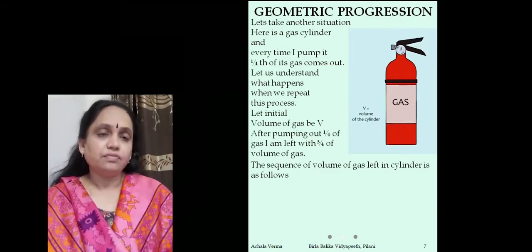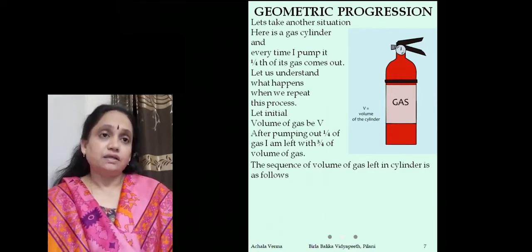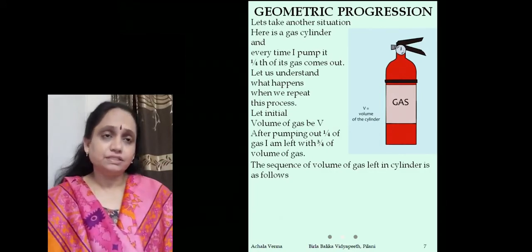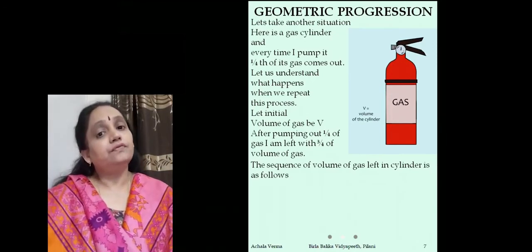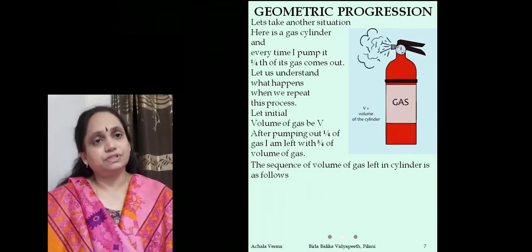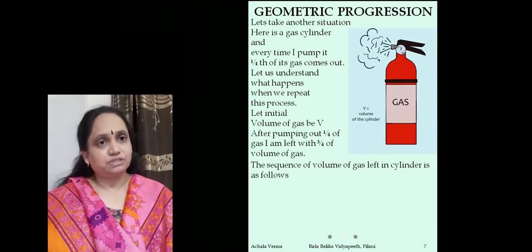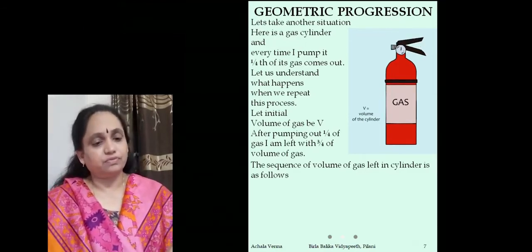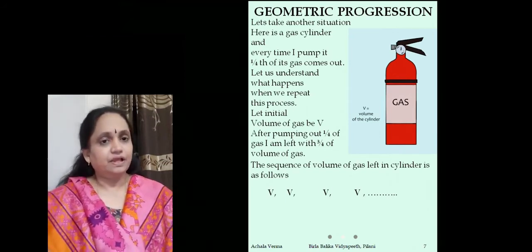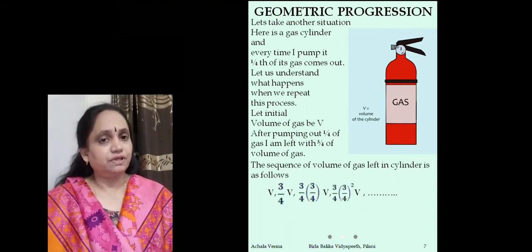So every time I pump out 1/4 of the gas and I am left with 3/4 of the gas which is present in the cylinder. If I go on repeating this process, what is the sequence of numbers that I get? Let's look at the sequence of numbers that we get.